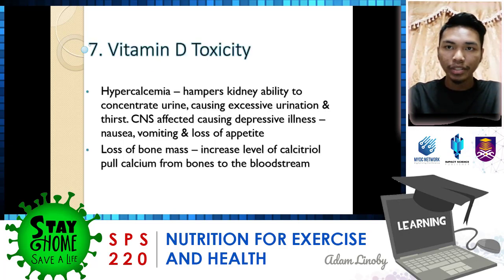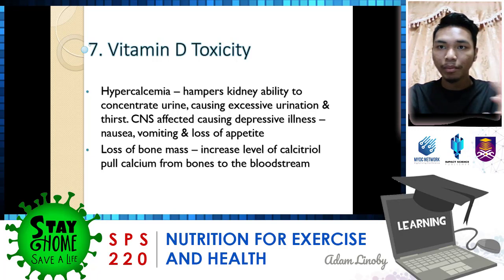So the last thing I will present to you is about vitamin D toxicity. There are 2 types of toxicity, and the first one is hypercalcemia, which hampers the kidney's ability to concentrate urine, causing excessive urination and thirst.